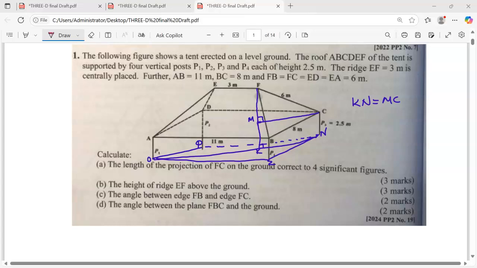So what we are going to do, if we drop a line from the center of AD to the center of BC, we are going to have a line that is going to run this way, such that from this point M to a point at this point, we are going to have the distance as 3 meters.